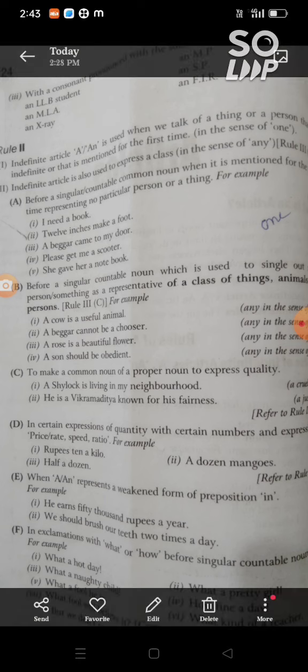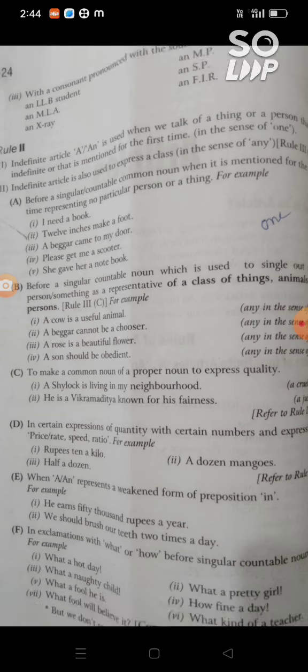Consonants pronounced with a vowel sound: an SP, Superintendent of Police, an FIR. So when we use abbreviations, we use the article an. For example, member of parliament becomes a member of parliament, and member of legislative assembly becomes a member of legislative assembly. But with the abbreviation, when the letter gives a vowel sound, we use an. This is the most important rule.